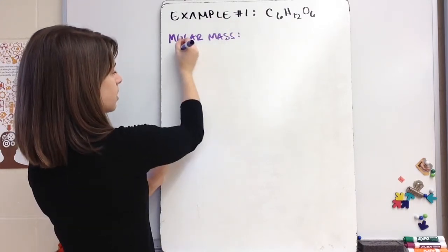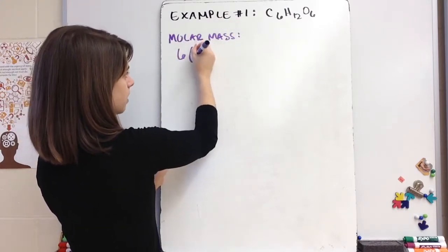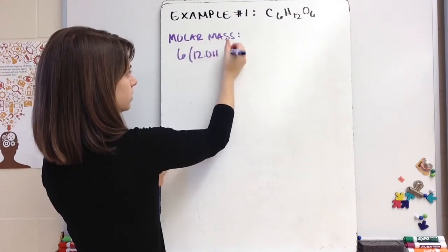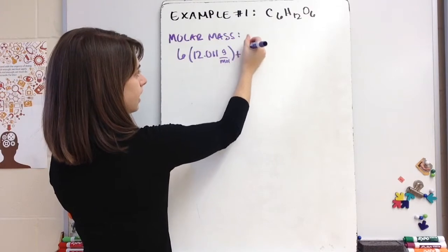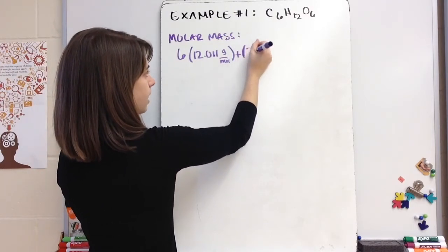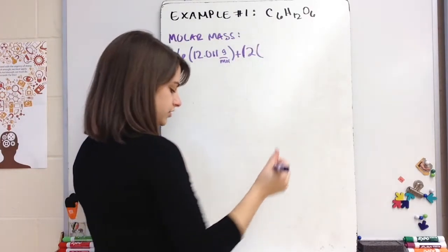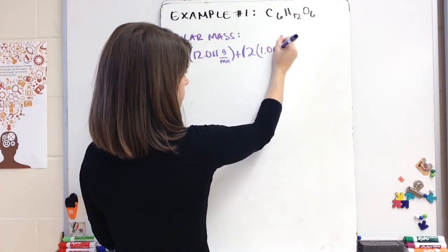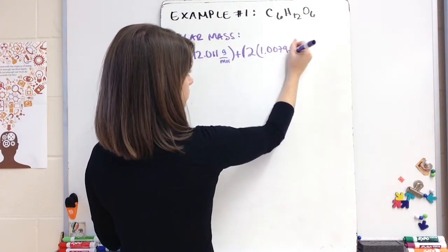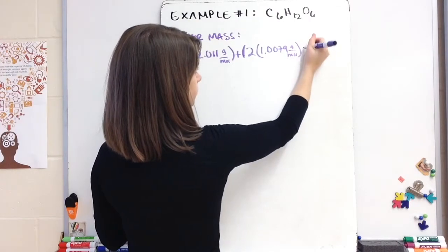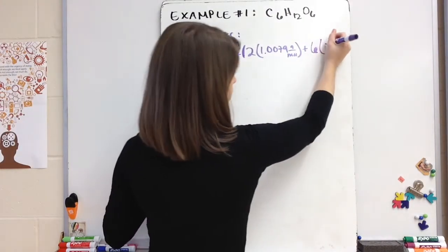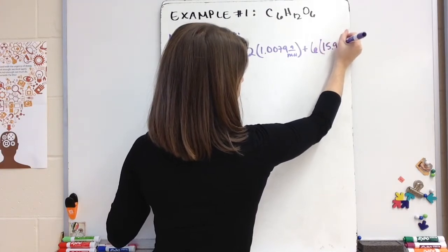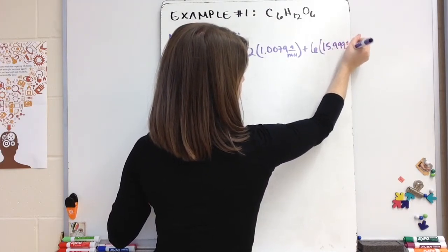I have 6 carbons, and so my carbons are 12.011. And then I'm going to add my 12 hydrogens, and hydrogens are 1.0079 grams per mole. And then I'm going to add my 6 oxygens, and oxygens are 15.999 grams per mole.